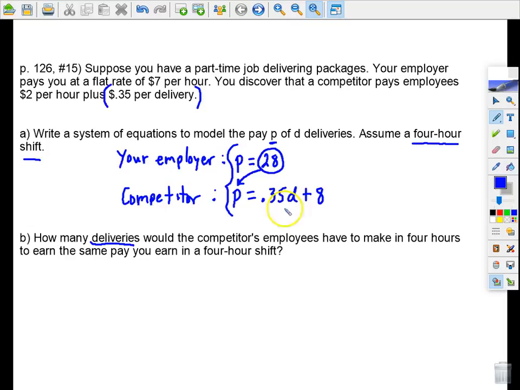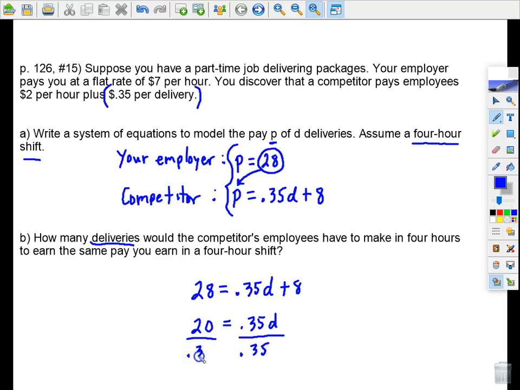How many deliveries would it take to make these two pay structures the same, the pay amounts equal? So 28 equals 0.35D plus 8, and we're solving for D, so I'm going to subtract 8 from both sides. 20 equals 0.35D. Now you want to divide by 0.35 on both sides.